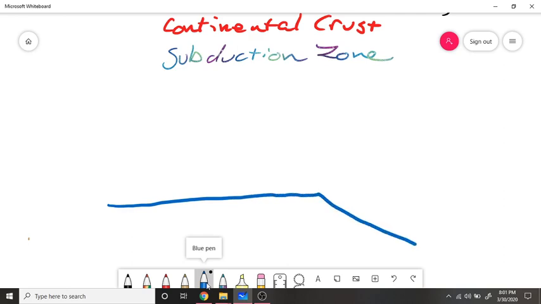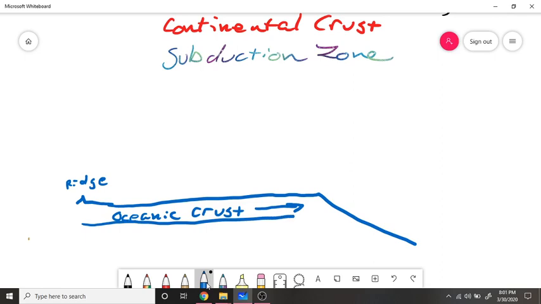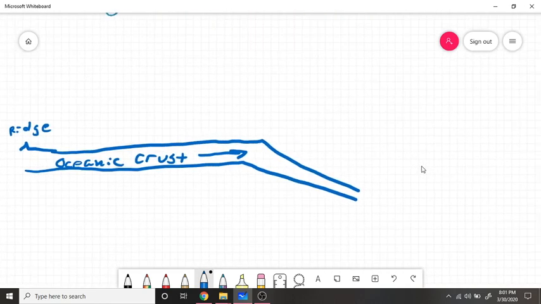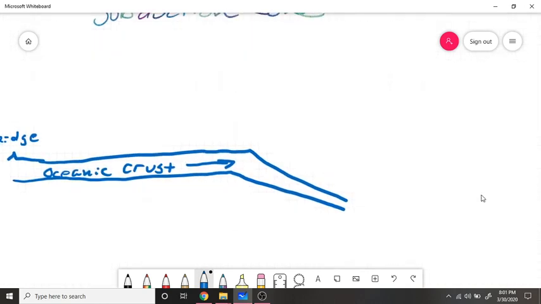Here is my ocean crust. Here's the ridge. The oceanic crust is moving this way, and it is happily moving out away from the mid-Atlantic ridge when it comes into another plate.